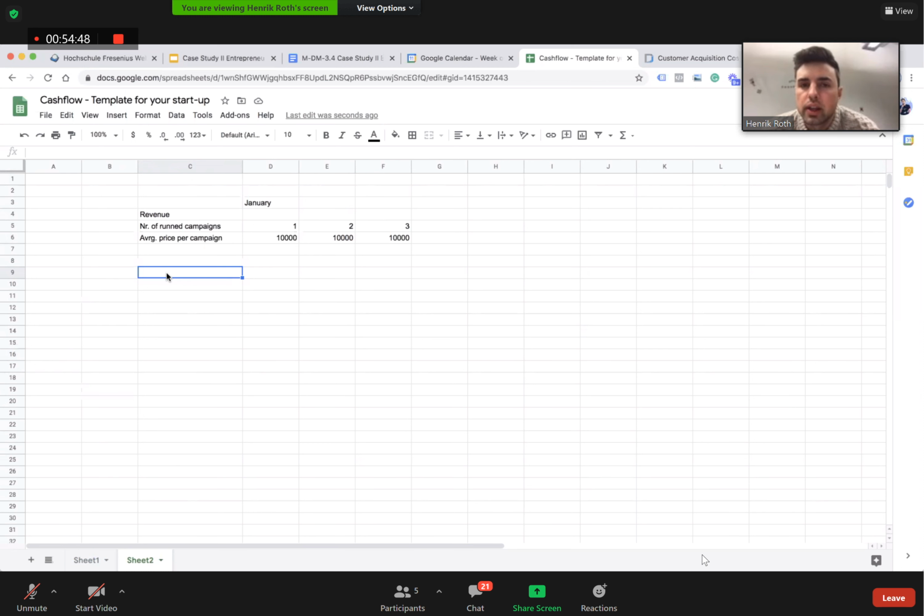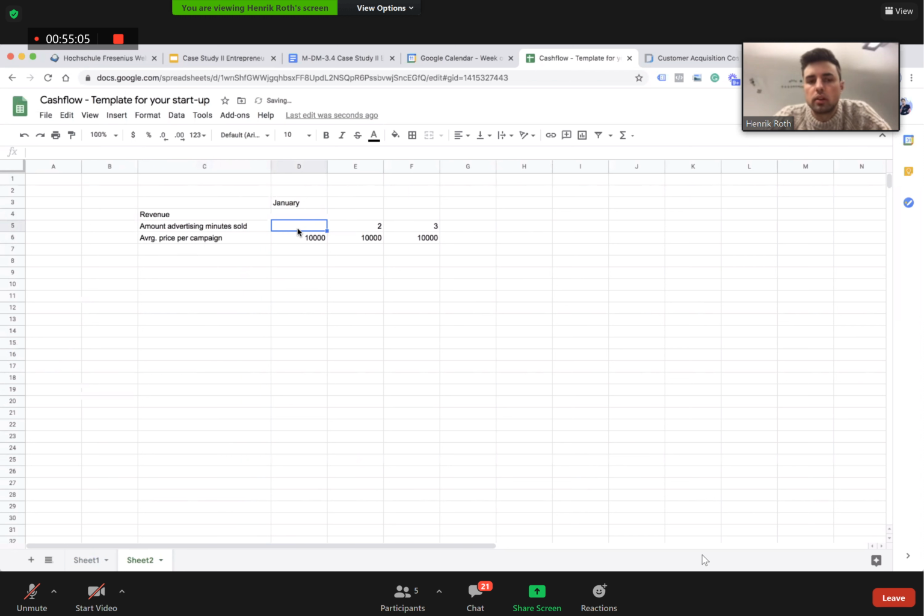So you can also say, let's not say campaign, but let's say the amount of advertising minutes sold. So you can say the price per minute is, I don't know, 100 euros.